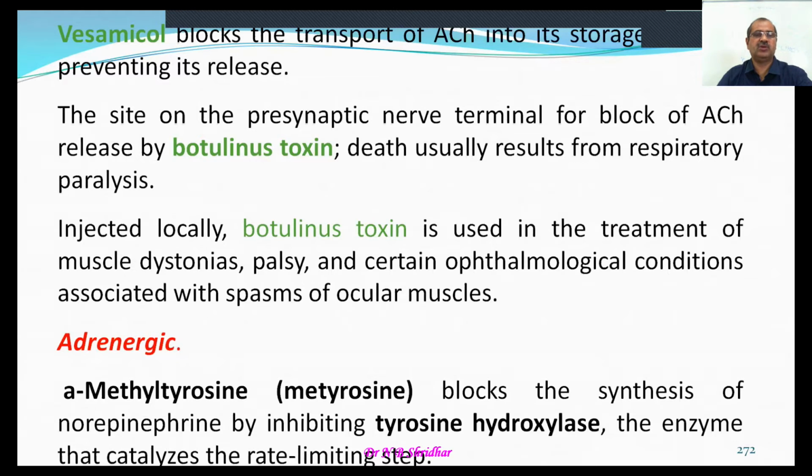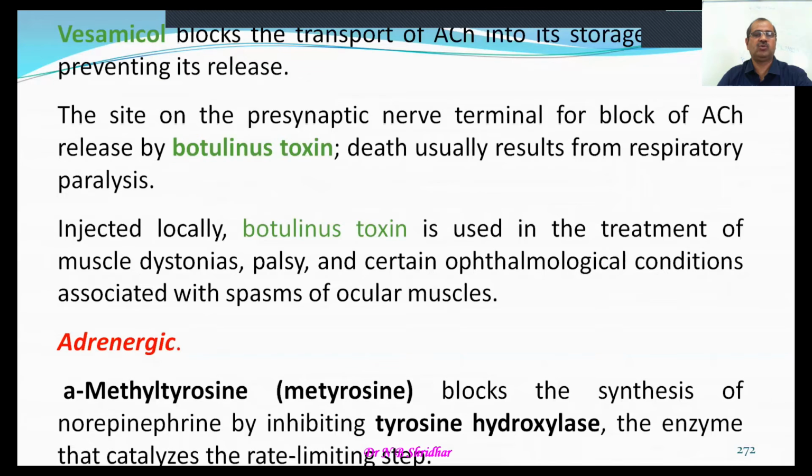It is surprising but true that, just like podophyllotoxin, botulinum toxin is used as a therapeutic agent in very small doses under the above conditions, especially muscle dystonias. Coming to the adrenergic system, we have already learnt about the cholinergic system, how it can be interfered with and how the different steps can be inhibited.